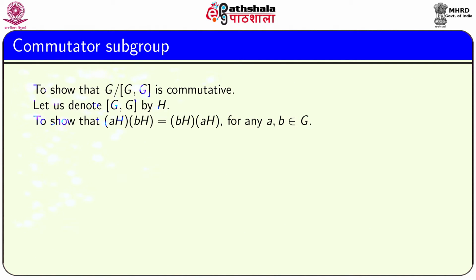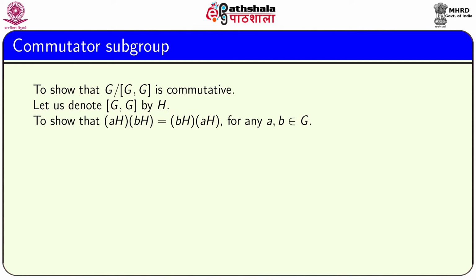Now, to show that the quotient group formed by G by the commutator subgroup of G is commutative, let us denote the commutator subgroup by capital H for ease of notation.